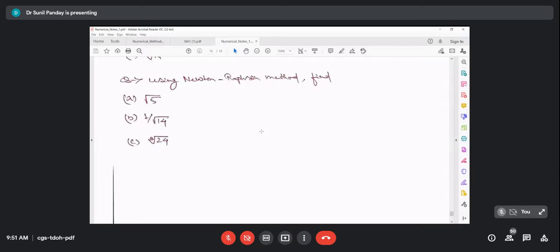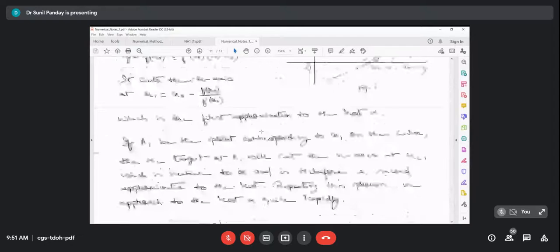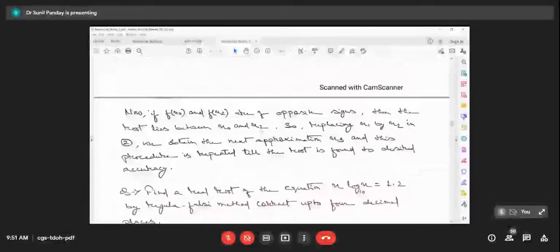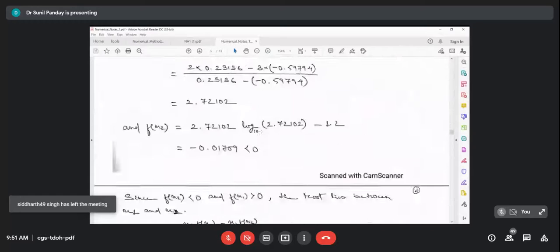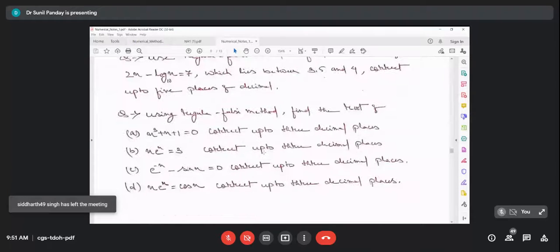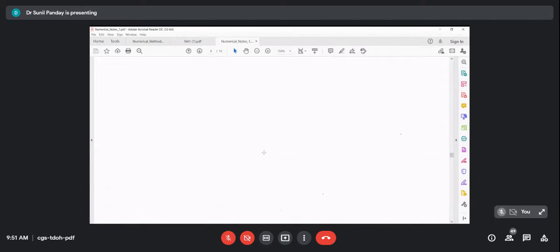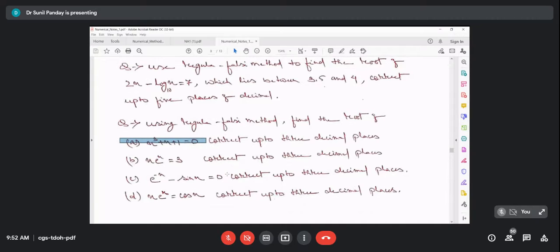The notes are already shared with you. One assignment in bisection is already given to you, question numbers 1, 5, and 7. In the regula falsi method, you solve question number A and question number D, using the secant method as well as regula falsi.